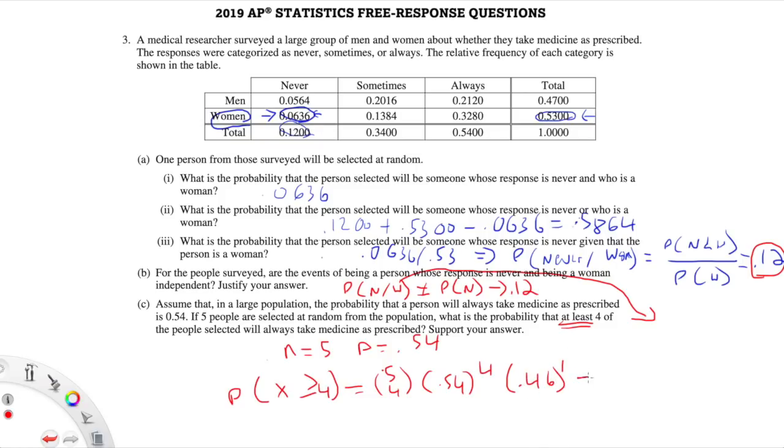That's the probability that you have 4 successes. And then you add the probability that there's 5 successes. That's going to be 0.54 to the fifth, and then times 0.46 to the 0, which is going to be 1.